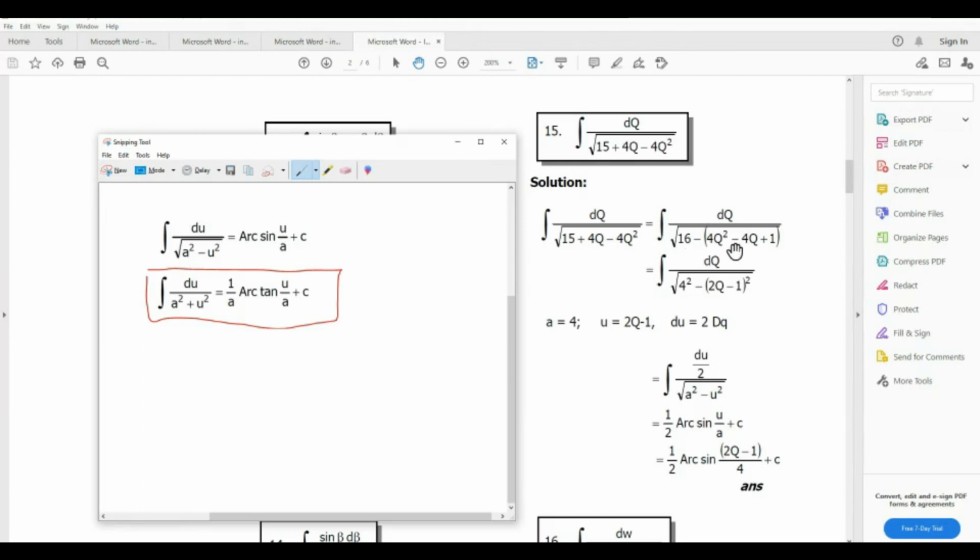Tapos ginawang perfect square, yung 4q squared minus 4q plus 1. That is perfect square ng 2q minus 1. So your a here is equal to 4, then yung u is 2q minus 1. Then take the derivative, du is equal to 2 dq.